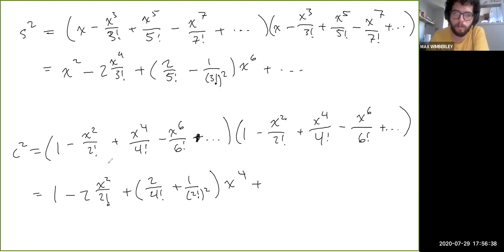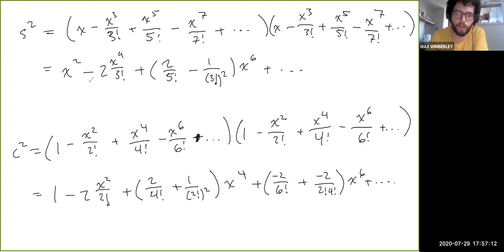So for the 1 and x to the 6th, there are 2 negative 1 over 6 factorials, so negative 2 over 6 factorial. And for the other one, it's going to be negative 2 over 2 factorial 4 factorial.